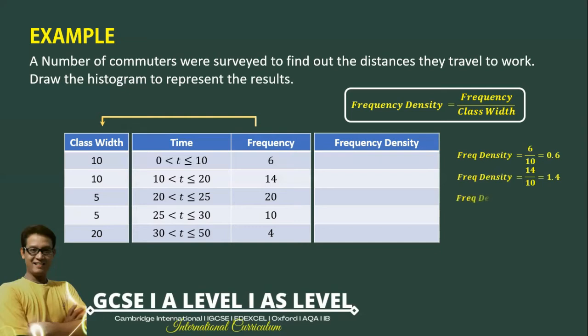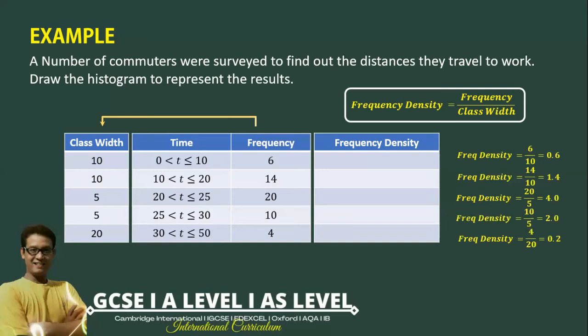The third row, 20 divided by 5, gives 4.0. The fourth row, 10 divided by 5, gives 2.0. And the last row, 4 divided by 20, gives 0.2. So that's very clear how to find frequency density.